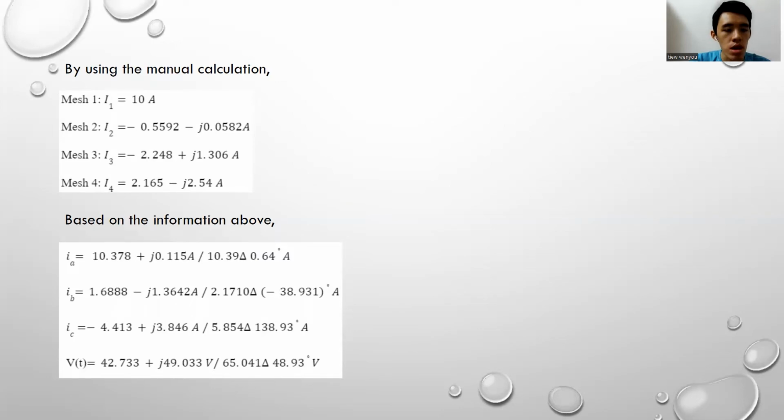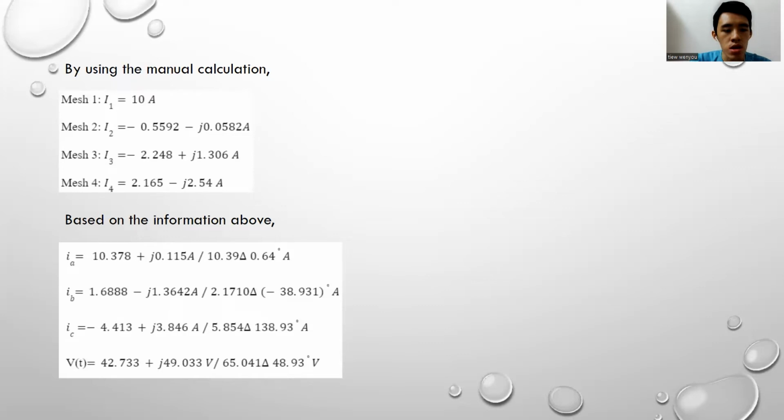IA equal to 10.378 plus j times 0.115 ampere, or we can say 10.39 angle 0.64 degree ampere. IB equal to 1.6888 minus j times 1.3642 ampere, or we can say 2.1710 angle negative 38.931 degree ampere.